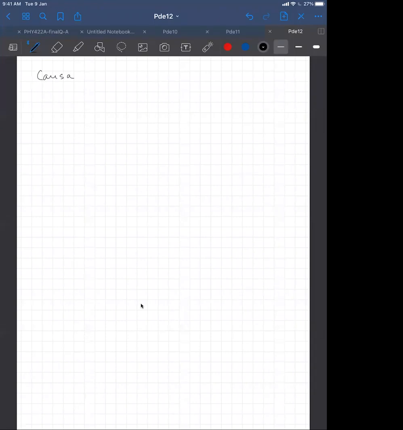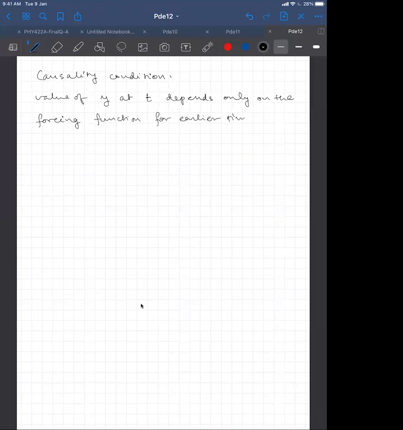Causality condition: the value of y at t depends only on the forcing function for earlier times, tau which belongs to t naught to t. Okay.